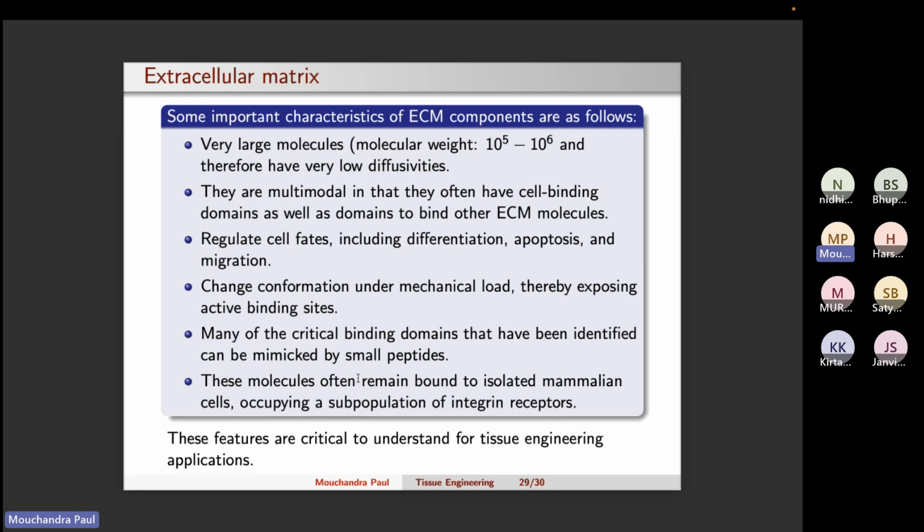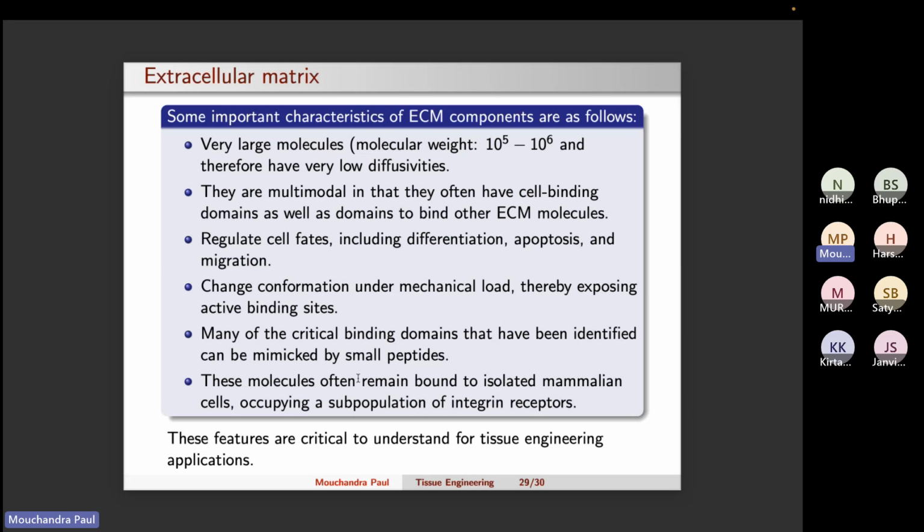Once adhesion happens, the cell will spread, and then proliferation and differentiation, etc. So rather than using the entire collagen, they are using only the protein sequence corresponding to the cell binding site.